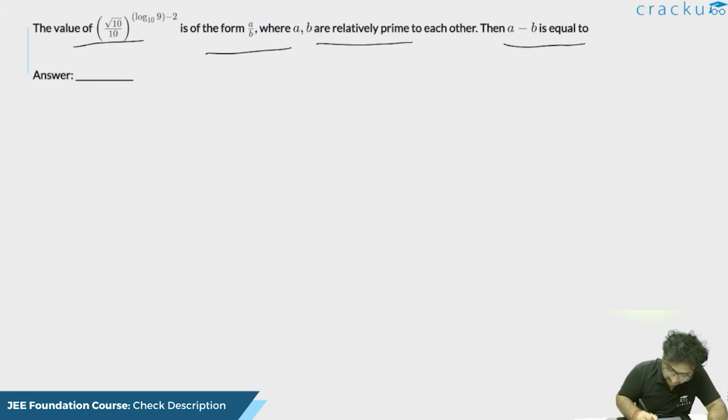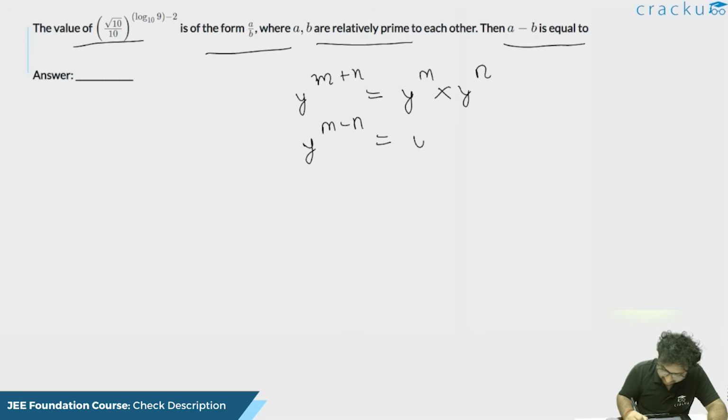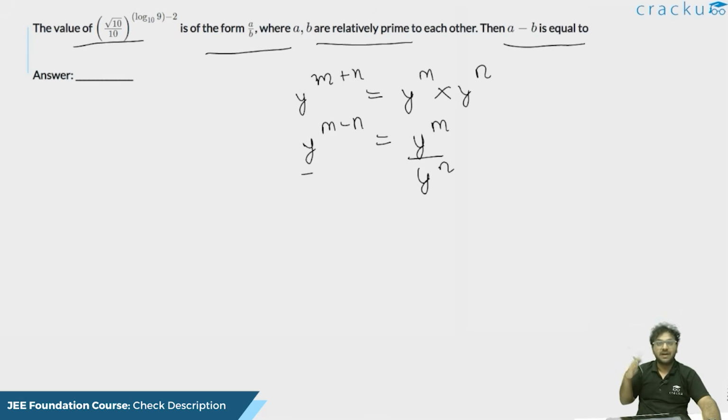So we know one property, that y to the power m plus n is equal to y to the power m into y to the power n. And similarly, y to the power m minus n is equal to y to the power m upon y to the power n. We know when the bases are same, the powers are added if it is multiplication, and if they are in division, then the powers are subtracted.